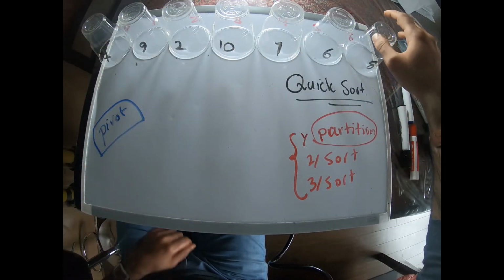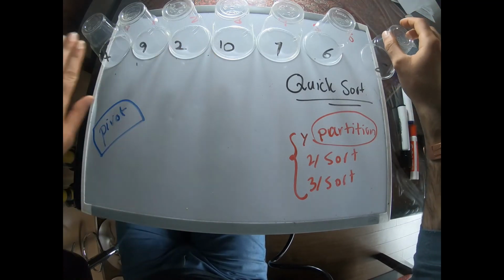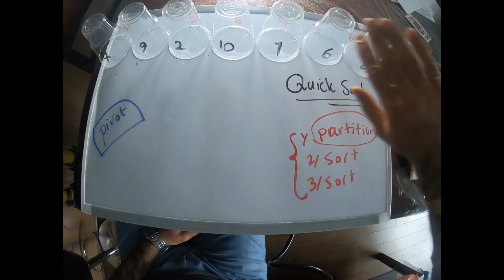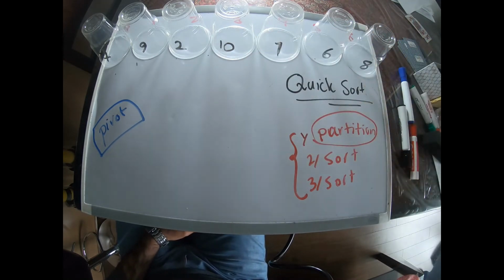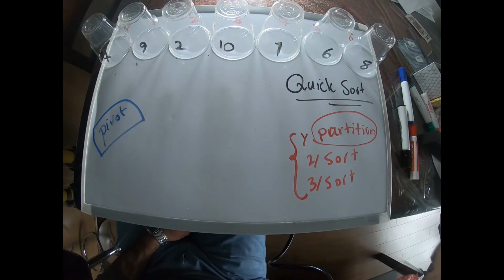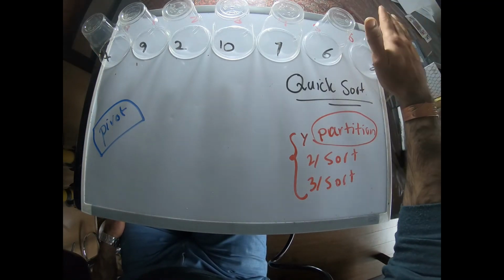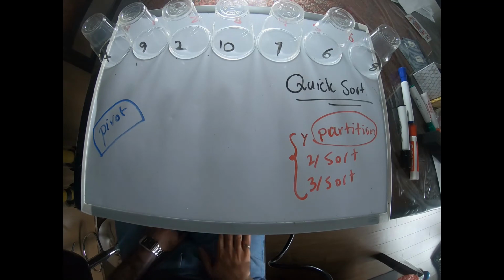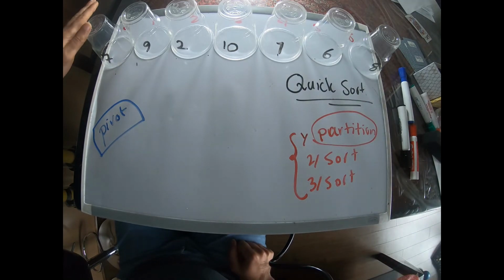I want to have all the numbers smaller than the pivot, than the number I choose, on the left side. Numbers bigger than the pivot on the right side, and 8 at the correct location. So let's say I chose this one as the pivot, the last element in the array. I start from here, go all the way here, and compare each element with the pivot, right?